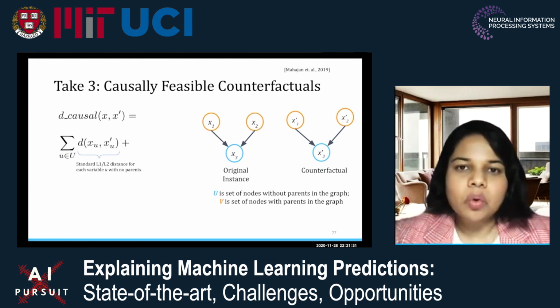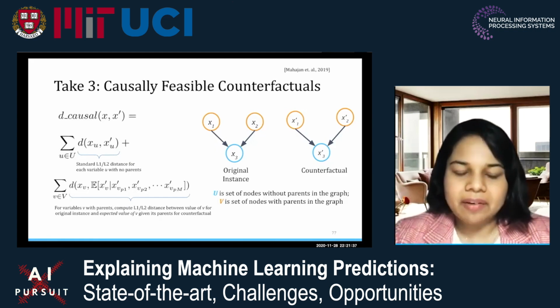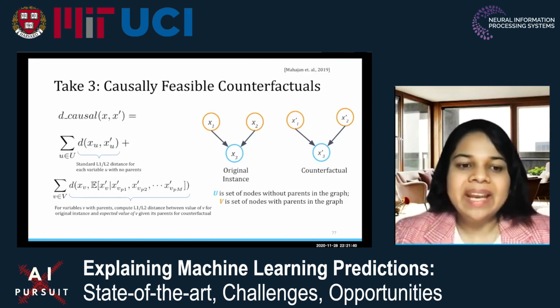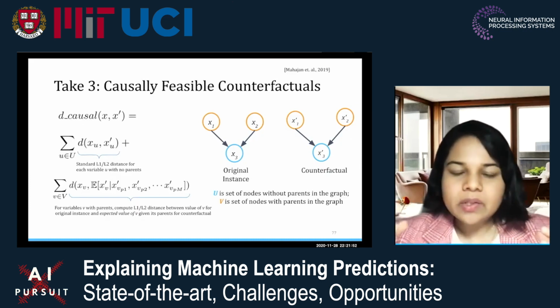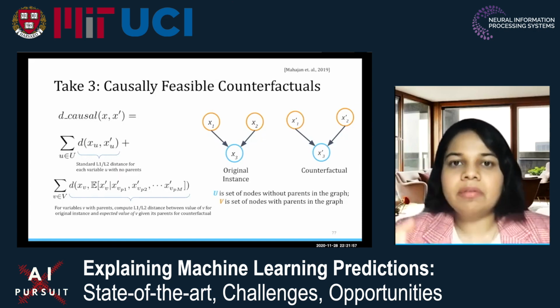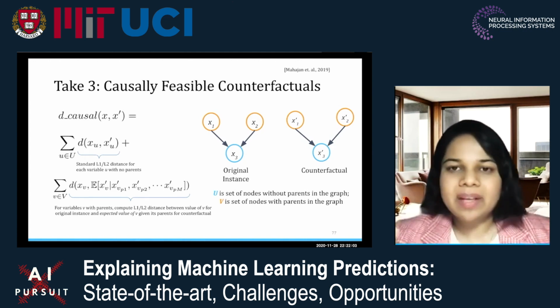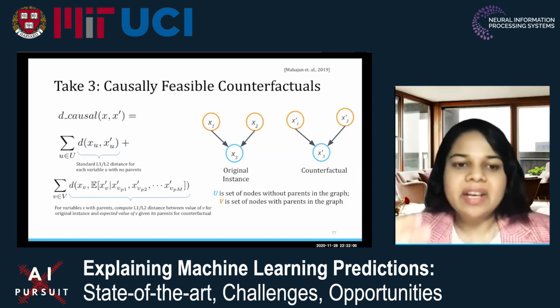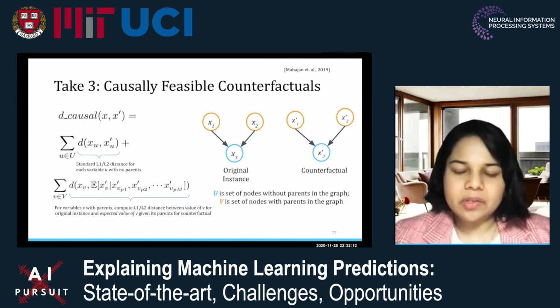On the other hand, for those features V, which basically have at least one parent in the causal graph, they compute the distance between xv and the expected value of x prime v given the values of the parents of this particular feature v. Okay. In doing so, they are essentially incorporating the causal structure of the graph into the process of counterfactual generation, which means they're also incorporating the interactions between the features or considering them when generating counterfactuals so that the problems like the ones we just saw do not arise, right?